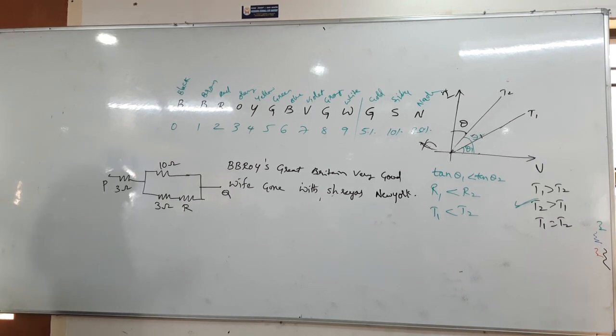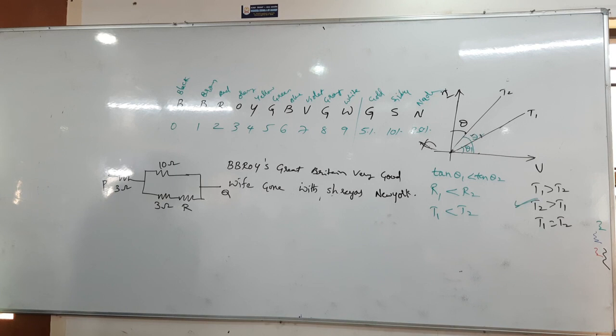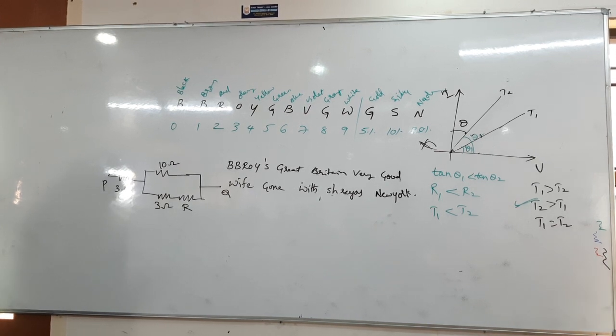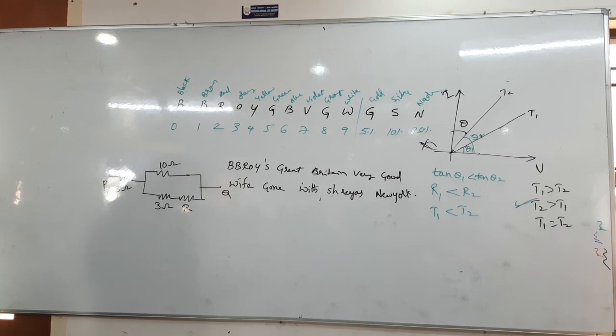So write the problem. In the circuit shown here, what is the value of unknown resistance R?